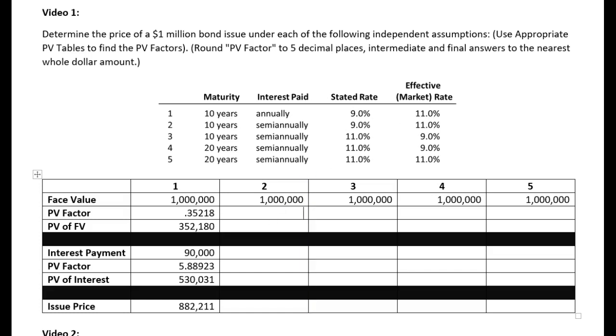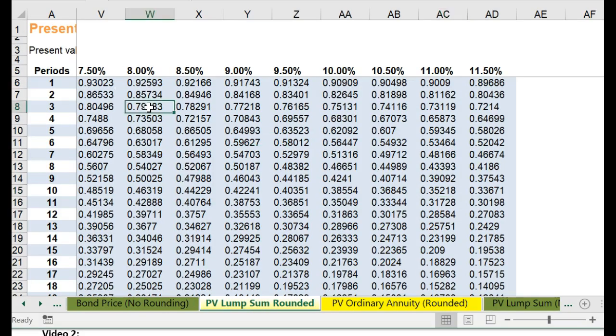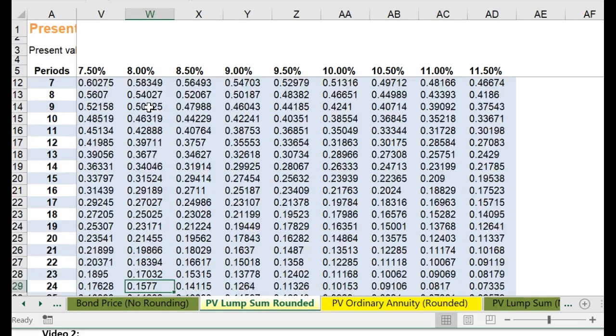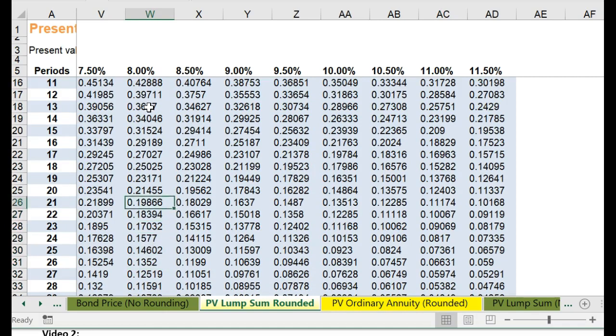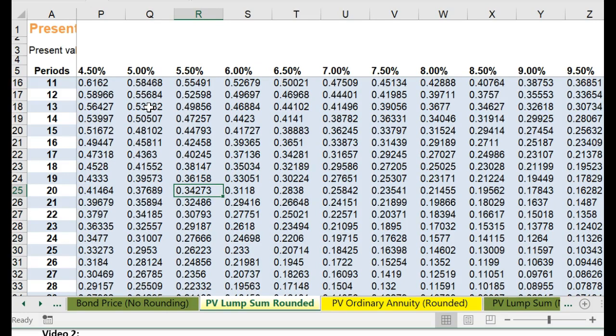So again, the PV is the same. We're going to go over to our tables, and let's start with the PV of 1. Now, instead of 10 periods, we need 20 periods here. And instead of that 11%, we're going to look up 5.5. So 0.34273 is going to be our PV of 1.